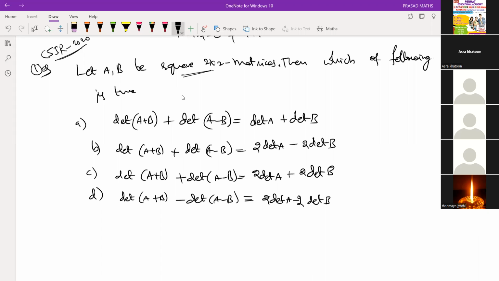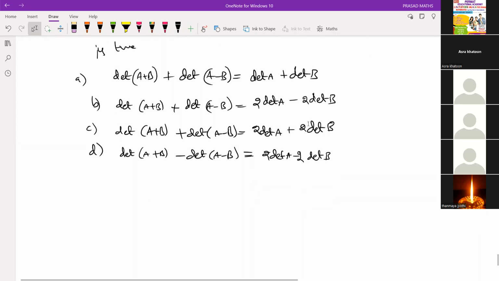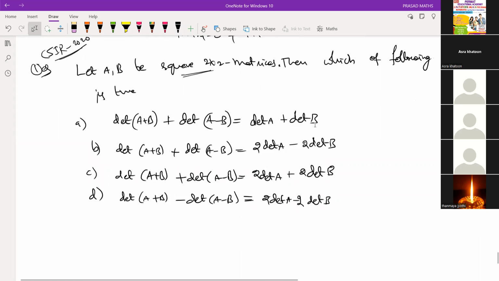A and B are 2 by 2 matrices, and we look at det A and det B. We'll solve this problem in two ways, by straightforward computation or else by giving a counterexample. Suppose you take A equals 1 0 0 1. One way I'm going to take A equals 1 0 0 1, B equals the zero matrix.